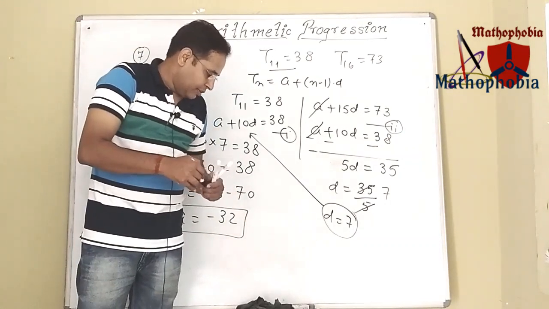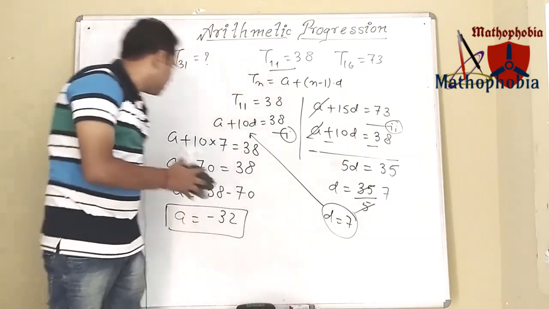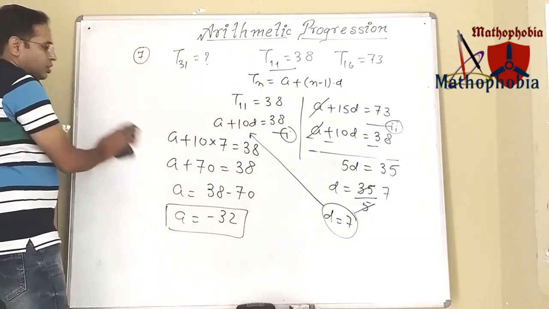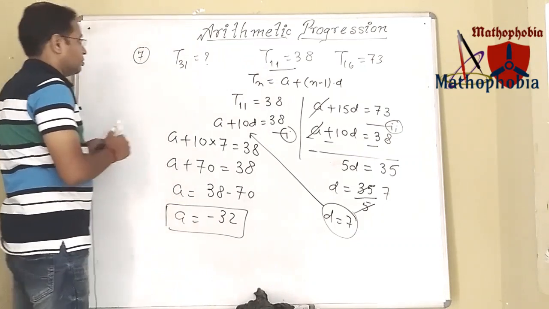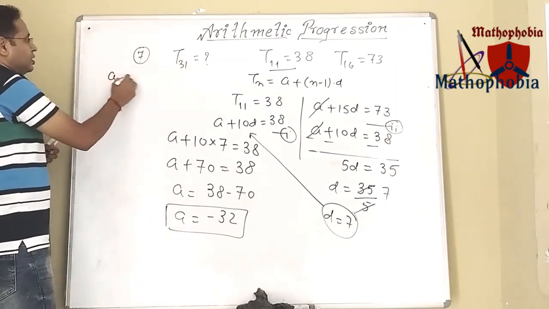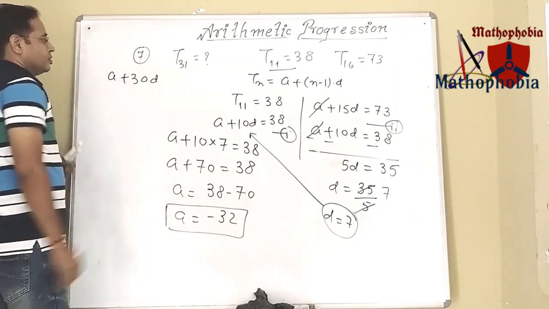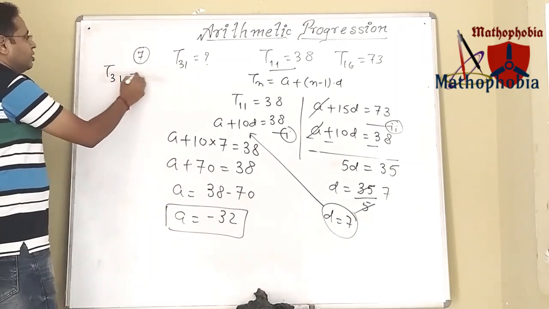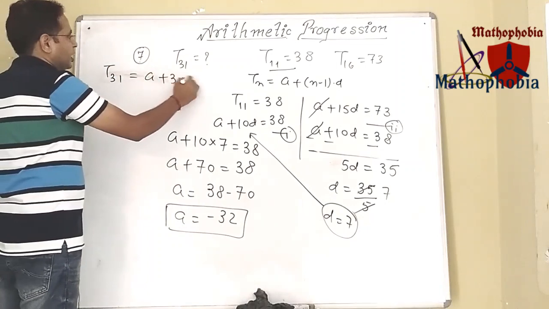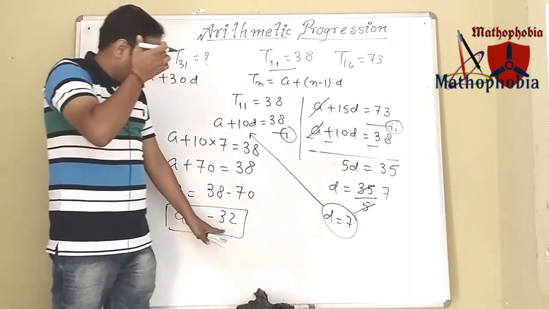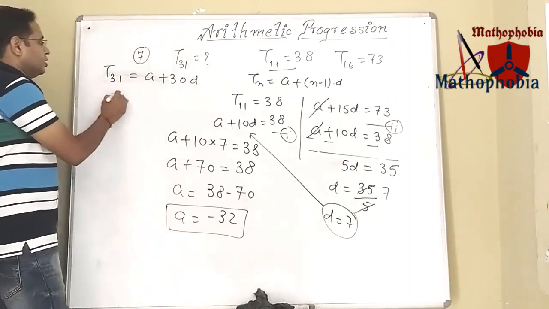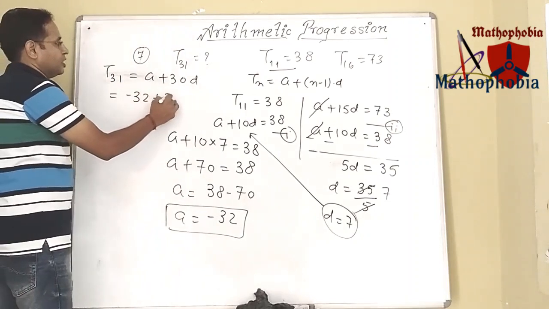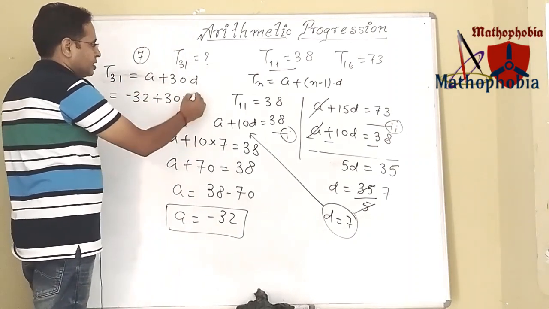Okay, चलो a और d की वैल्यू मिल गई. Now we can easily find out the 31st term of the sequence. So T31 will be a plus 30d. T31 equals to a plus 30d. Put the value of a. a की value कितनी है? -32. चलो भाई -32 plus 30 and the value of d is 7.